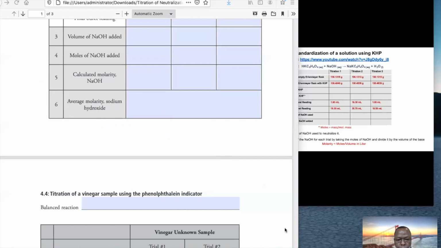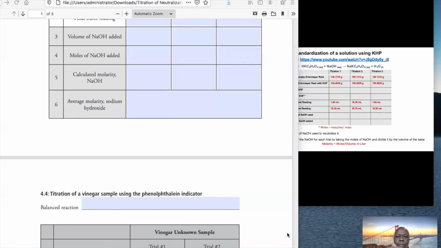All right, if there is no question, section 4.4 is determination of mass percent of acetic acid in vinegar. So there is the vinegar solution, and then there is the acetic acid.